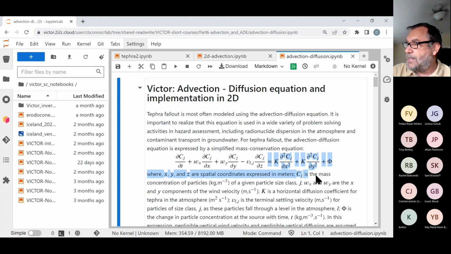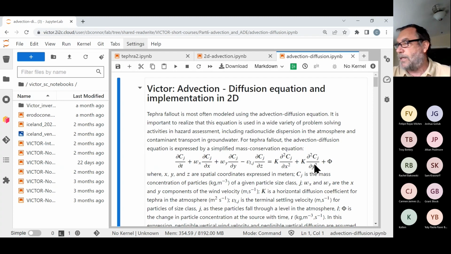And then this capital sigma over here, that's the source term. So that's the tephra getting dumped into the model, the volcano erupting into the space. And then finally, I have another advective term here, which looks a little bit different. That's V in the z direction, the change in concentration in the z direction. And essentially that's accounting for the fact that the particles are going to settle in the atmosphere, right?